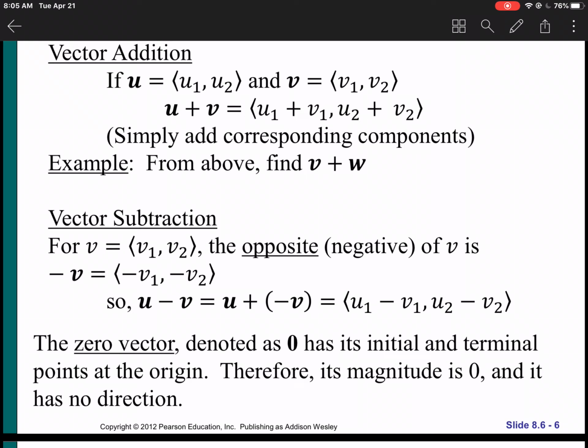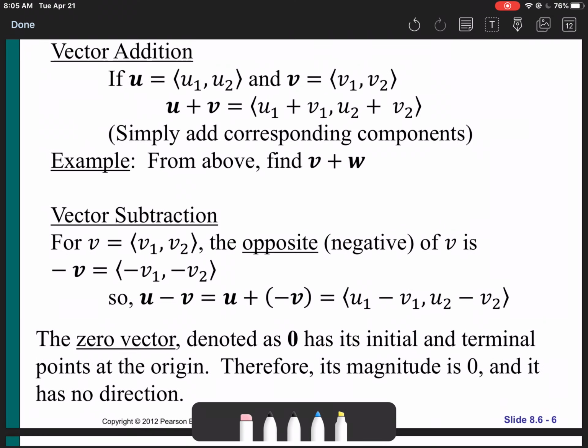Vector addition here, when we're using the components of the vector, becomes a little bit more straightforward. If I have vector u having components, say u1 and u2, and I've got vector v having components v1 and v2, then the sum of those vectors, maybe we call that the resultant vector, and I'm still just adding 2 vectors, u plus v.